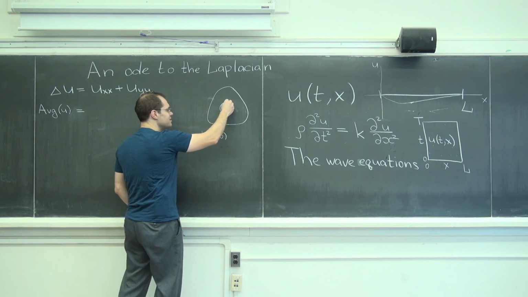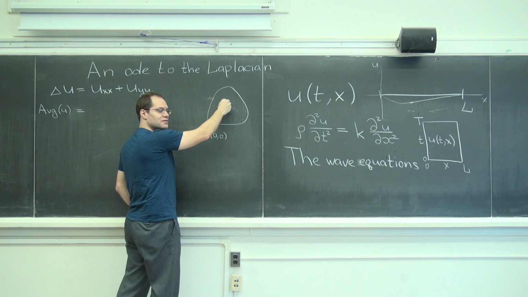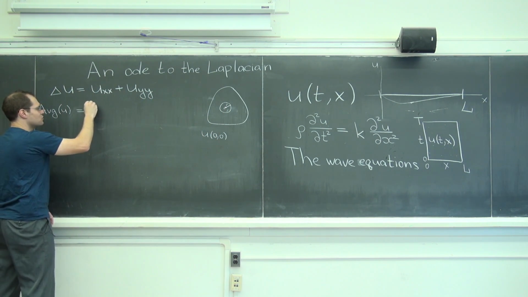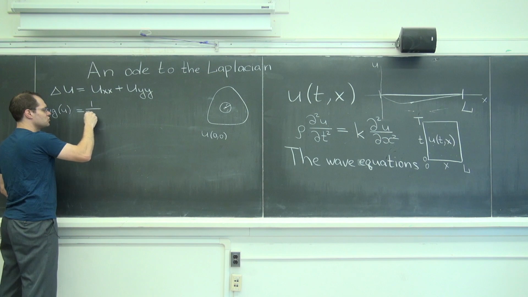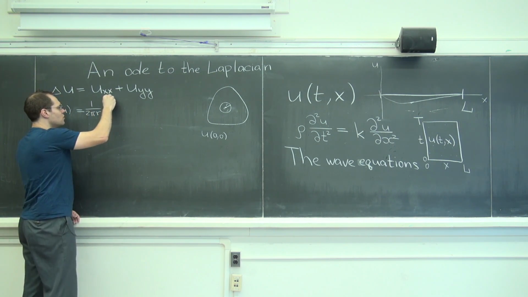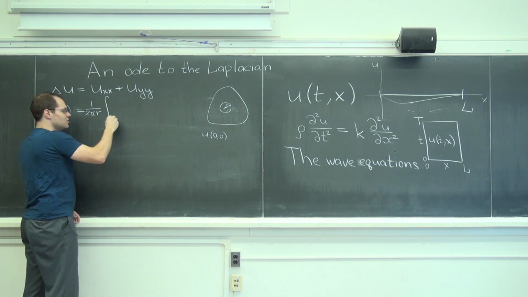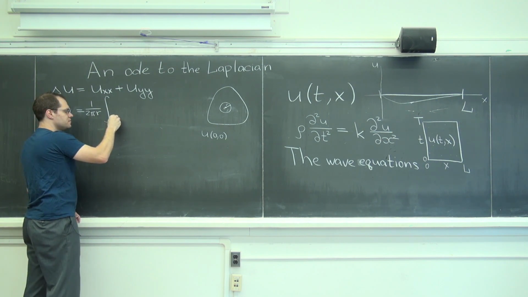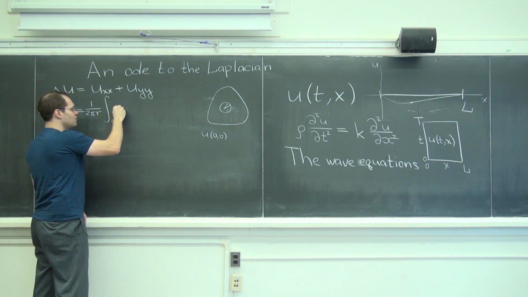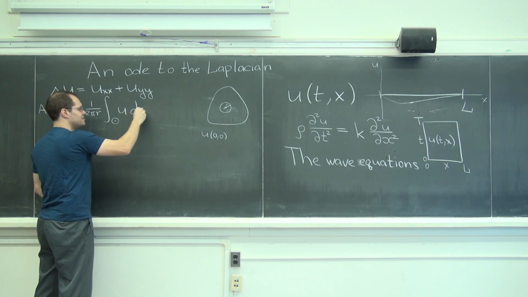So I have to basically integrate u over this circle and divide it by the perimeter. So it's going to be 1 over 2 pi r, because that's the perimeter, of the integral over the circle, that's my notation, of u ds.